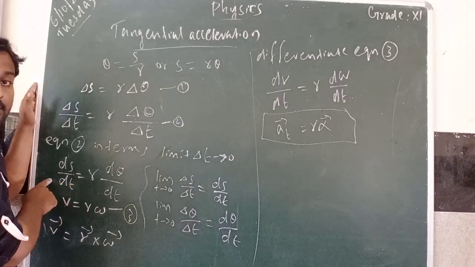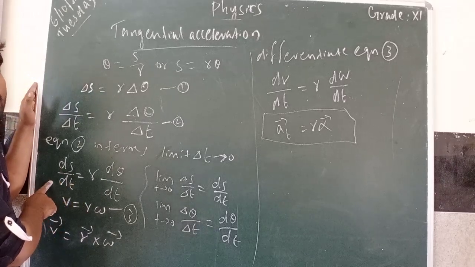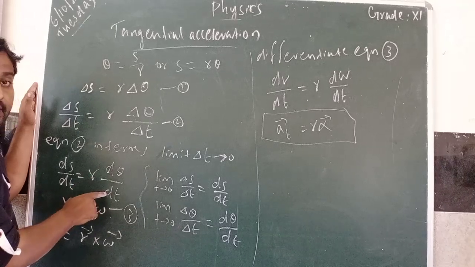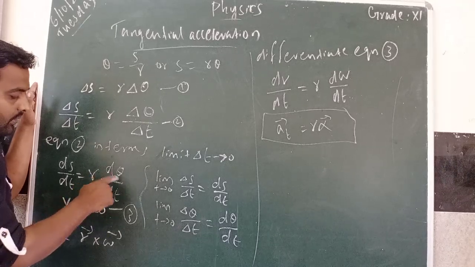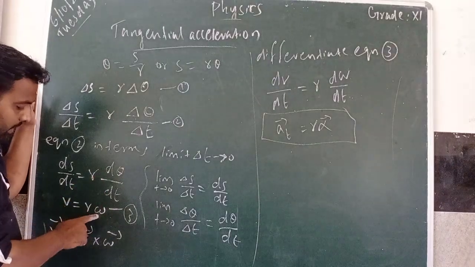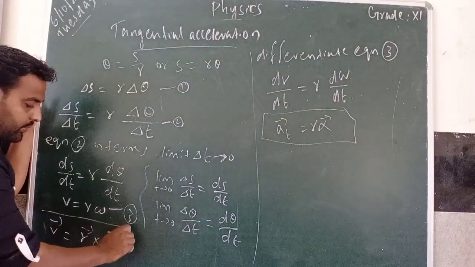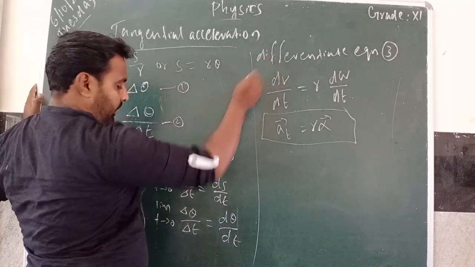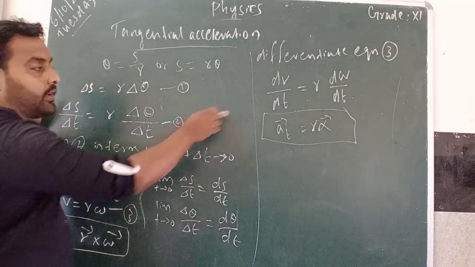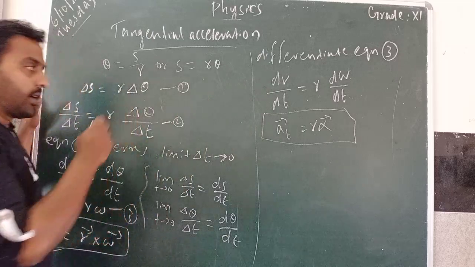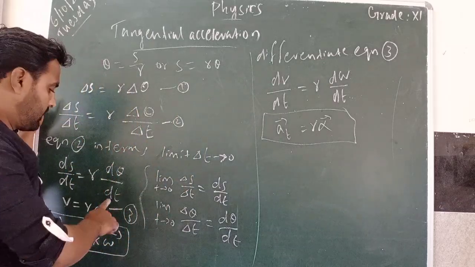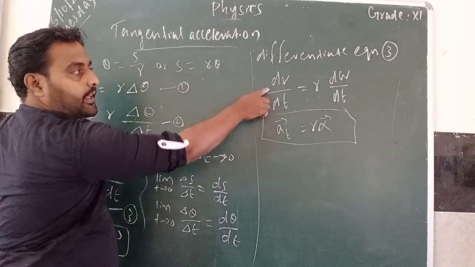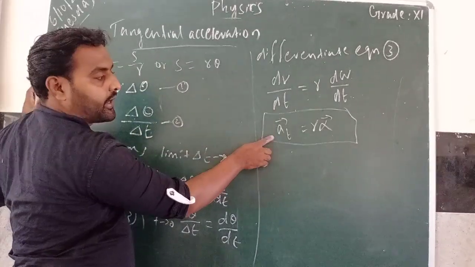So what is this ds by dt? Linear velocity. What is this d theta by dt? Angular velocity omega. So this equation you can write in vector form. Now differentiate equation 3. We are differentiating V as dV by dt and omega as d omega by dt. What is this dV by dt? Linear acceleration.